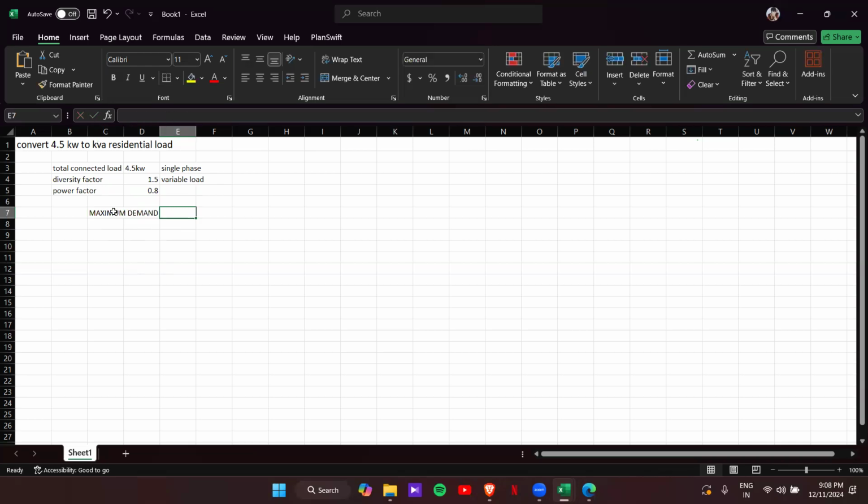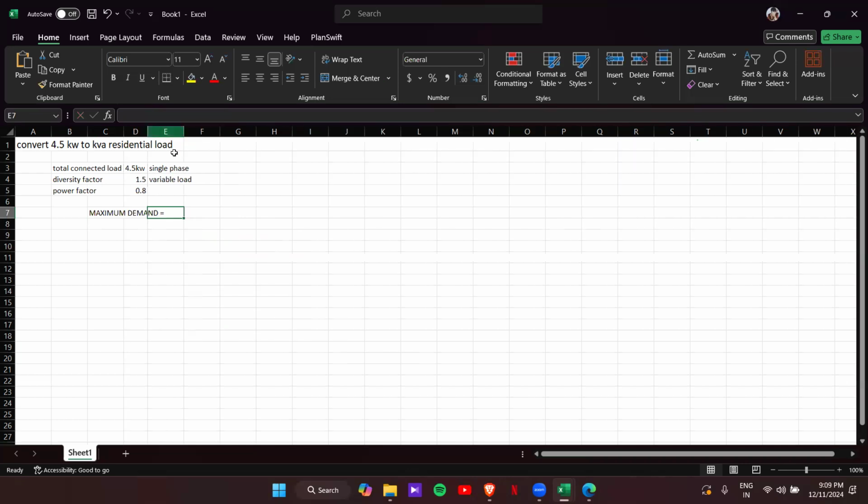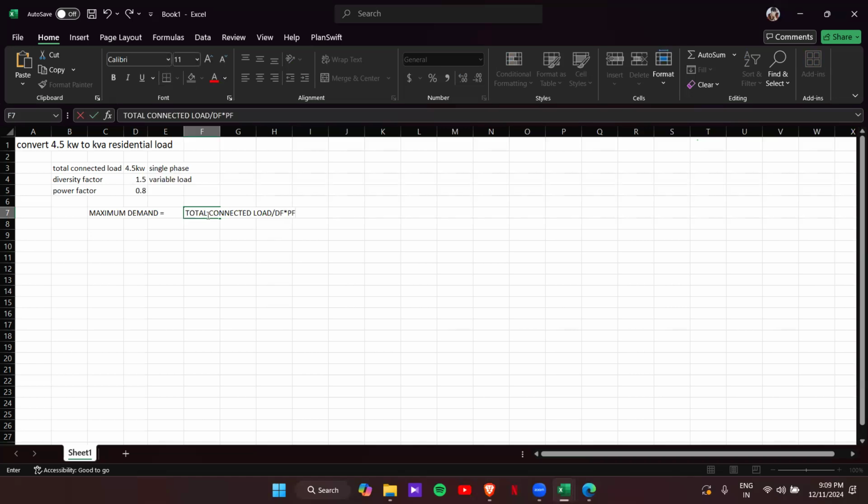Now coming to the equation: maximum demand is equal to total connected load divided by diversity factor into power factor. Right, this was our equation.